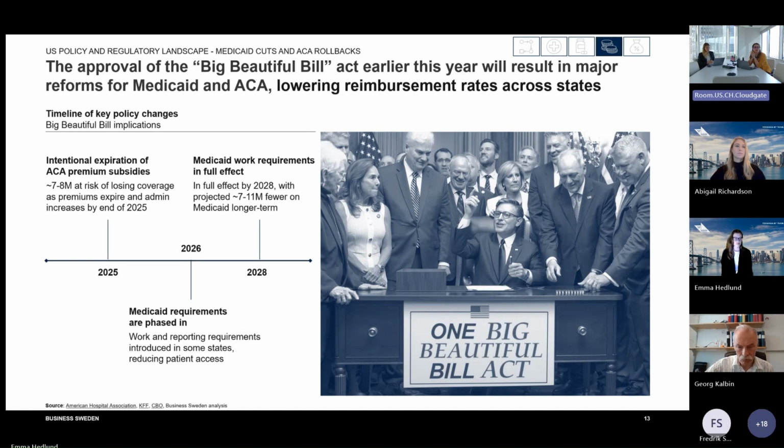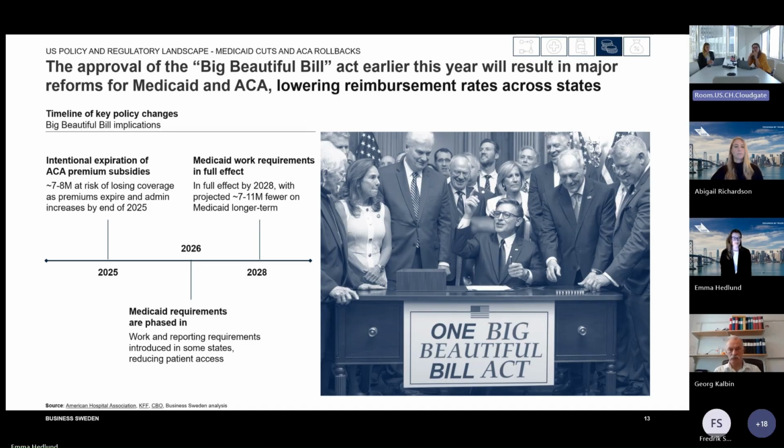And then we're also seeing stronger requirements around Medicaid. There are stronger requirements around how many hours of work or, for example, community service an individual has to perform in order to be eligible. So the eligibility requirements are stricter. And it seems certain different bureaucratic layers and barriers for individuals are going to be implemented.